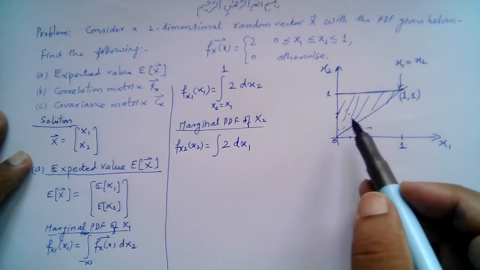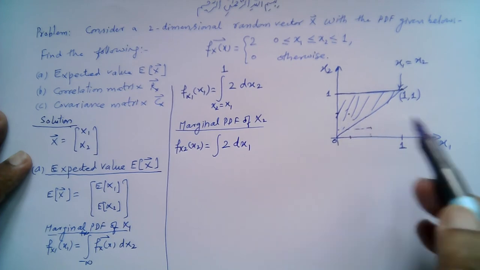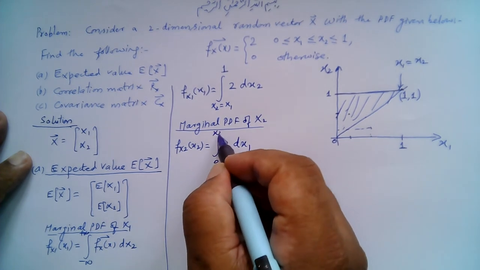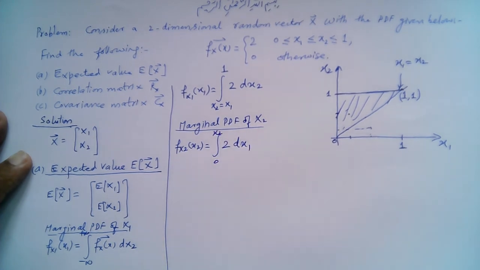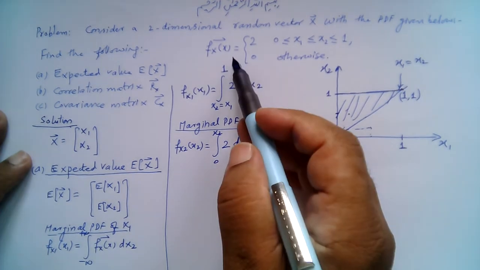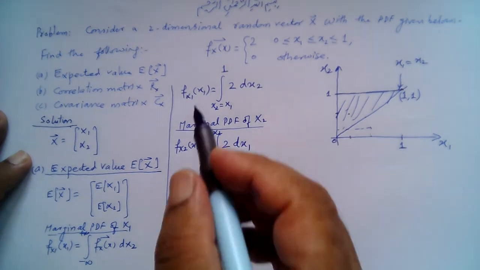So the limits of x1 will be from 0 to x2. So with this integral we can get the PDF of x2. So using these marginal PDFs, we will be able to derive the expected value of x1 and the expected value of x2. However, we can derive the expected value directly from the PDF of the random vector also. So let's do that.